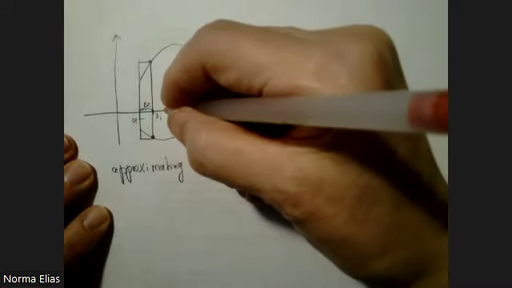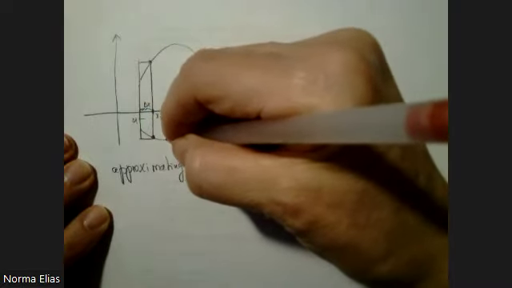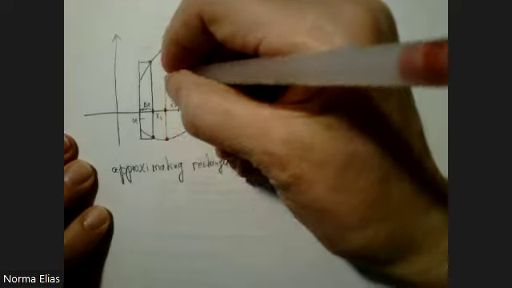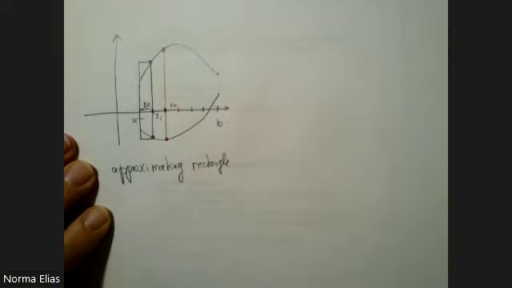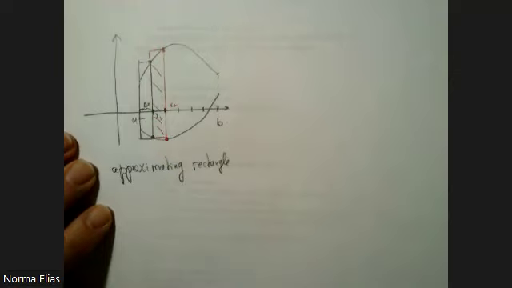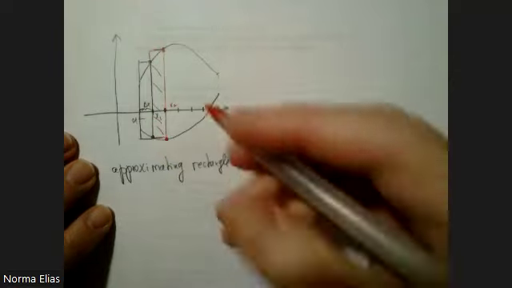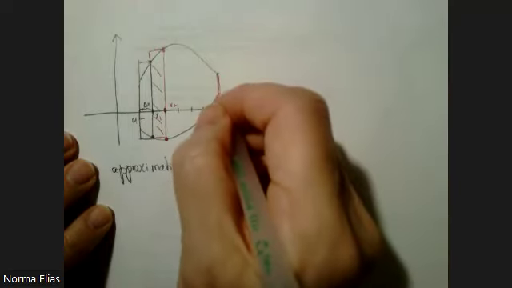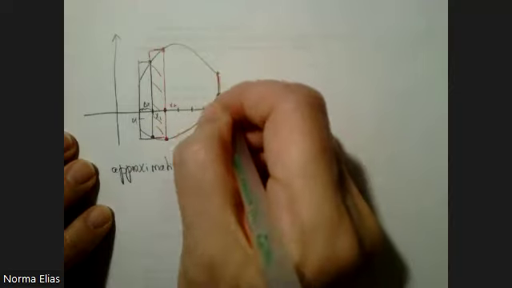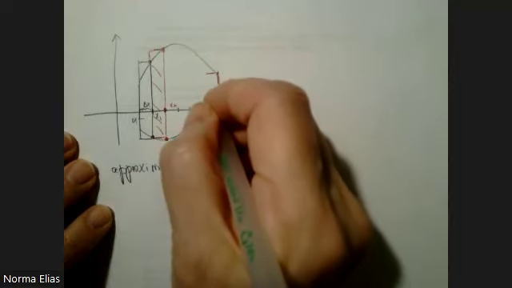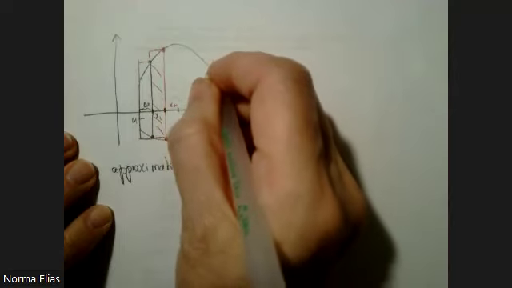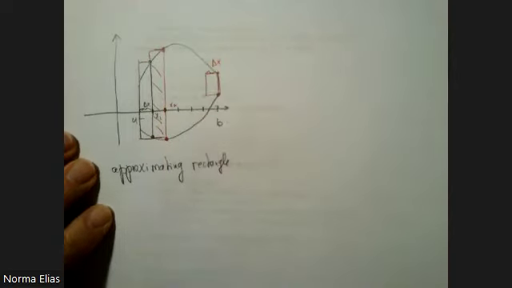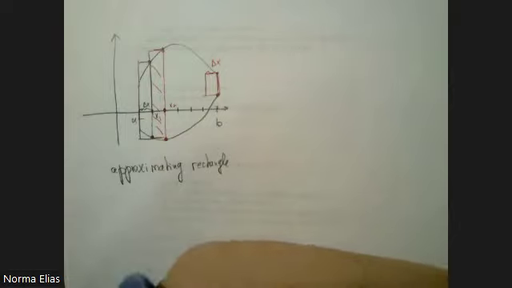And the rectangle goes like this. The length starts from the bottom all the way to the top. And that's going to be the width of my rectangle. So that's the second rectangle. And I will keep covering the whole region with those. My last rectangle is going to be this one, from the bottom to the top. And this would be my delta x from here to here. So these are the approximating rectangles.